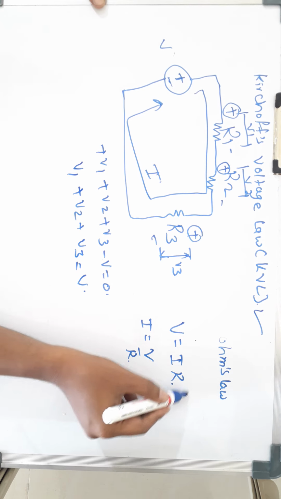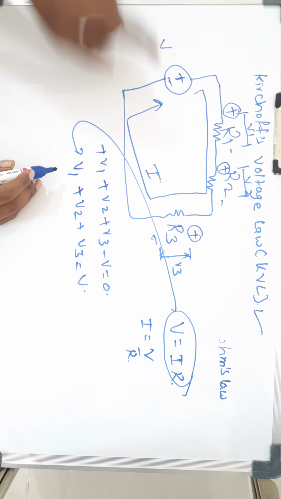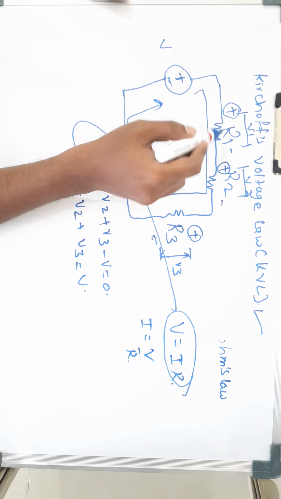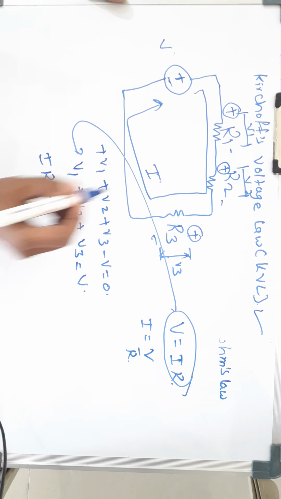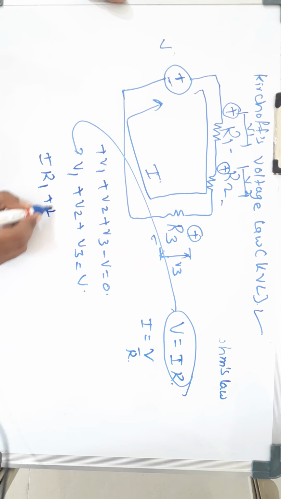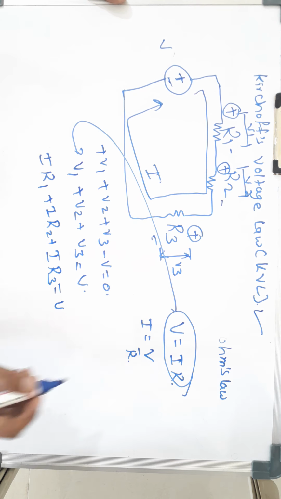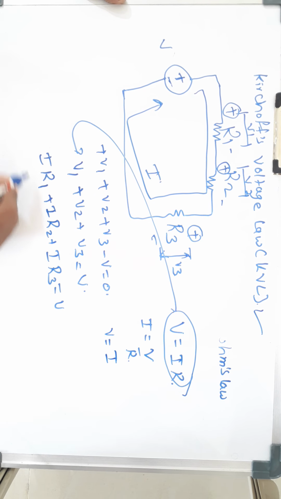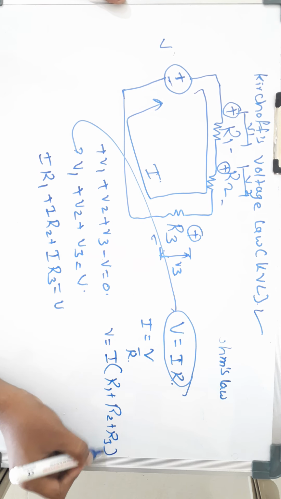So I will modify this: V1 plus V2 plus V3 equal to V. Already we must know V equal to IR. The voltage drop across R1 is V1, and the current I flows through R1, so V1 equals I R1, V2 equals I R2, plus I R3, equal to V. Taking I as common, V equals I times R1 plus R2 plus R3.